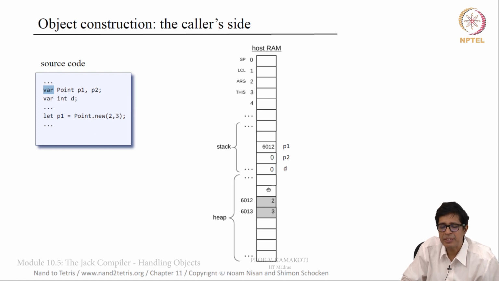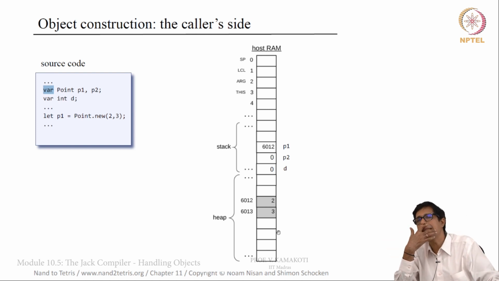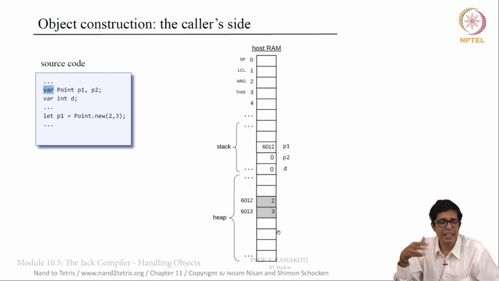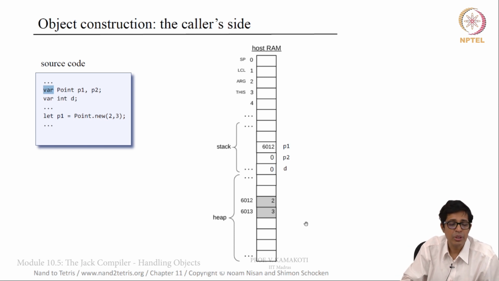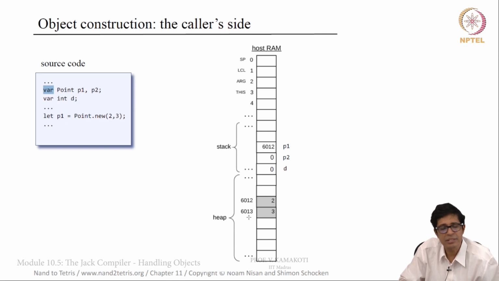Somewhere in the heap, so there is a stack, there is some heap. Heap is the extra memory that is available for allocation for new objects, etc. So the operating system will now identify that your point P1 is stored at 6012 and 6013.